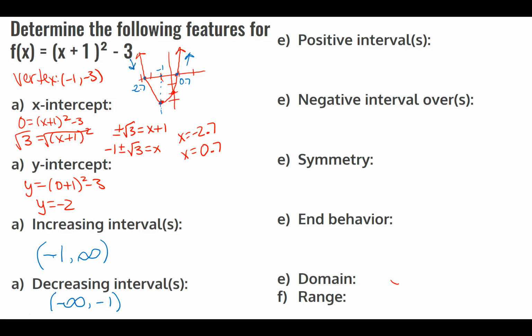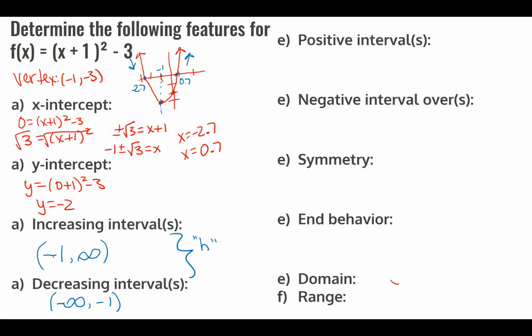So for increasing intervals, looks like the only x value we used was the vertex x value, right? Okay. We will use the other ones. I didn't lie to you. They're just not going to be used in increase and decrease. They will be used in positive and negative. All right, so increasing and decreasing here, we only care about the h value in our vertex. It's either negative infinity up to that point or that point to infinity. That shows left side or right side.